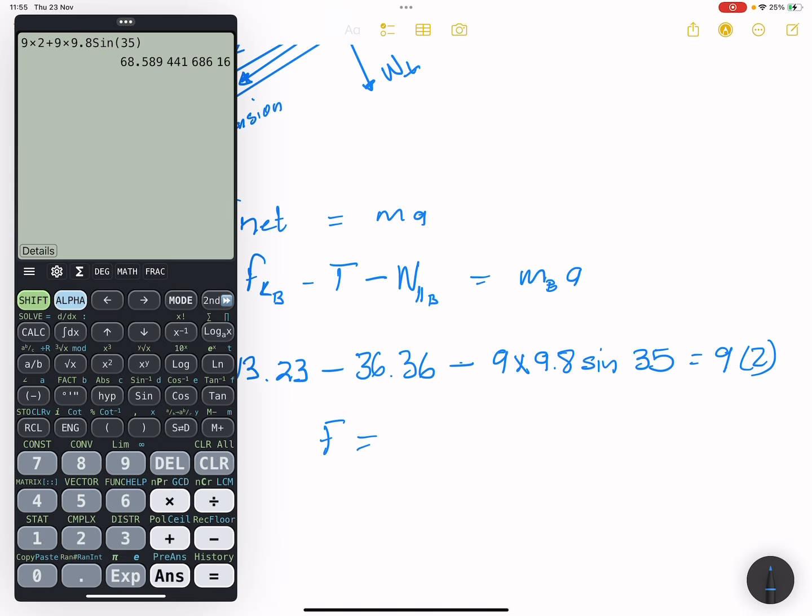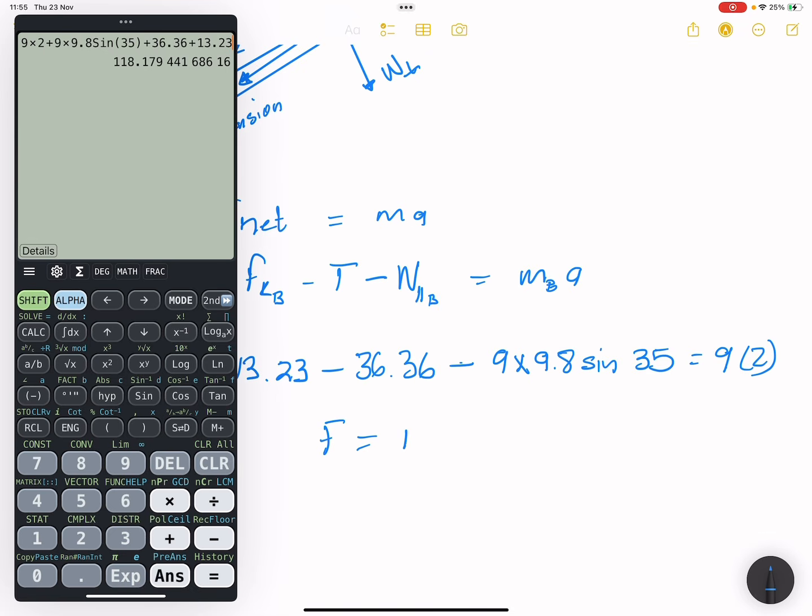Please make sure that your calculator is in degrees. Okay, plus 36.36. Now remember, everything changes, becomes positive when it goes to the other side, and plus 13.23. Okay, and please, you can verify this for me.